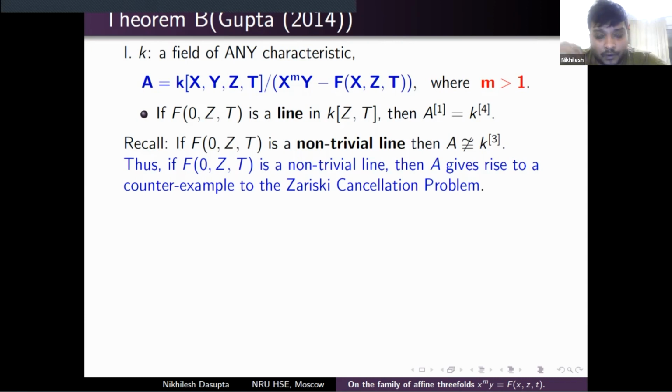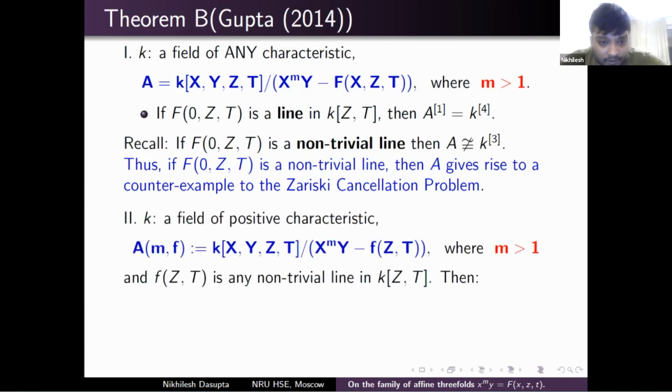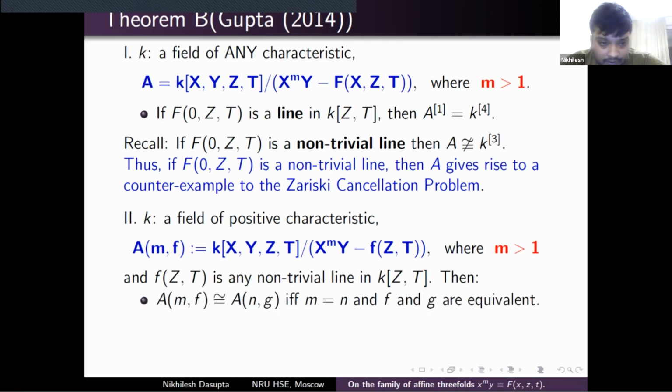This will stably be a polynomial algebra in 4 variables always, but it will never be isomorphic to the polynomial algebra in 3 variables. If K is a field of positive characteristic, for each m one can create such a family, like putting x squared y, x cubed y like that, and taking f(z,t) to be any non-trivial line.